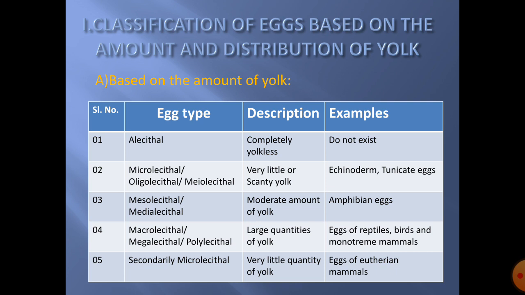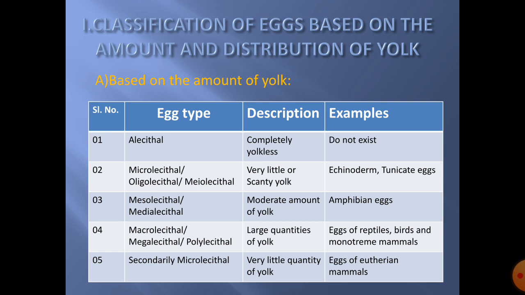Here, all of you by now know that egg or ovum is a female gamete and yolk is a stored food material present inside the egg, which meets the energy requirements when the young one develops. Biochemically, yolk is a lipoproteinaceous material.